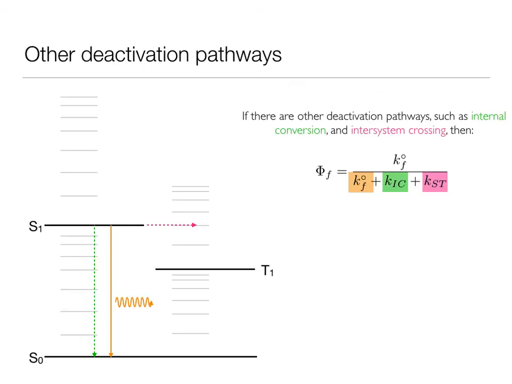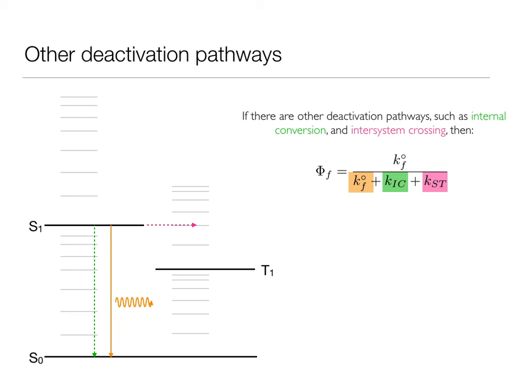So now I introduce other methods of decaying from my excited state. I've got this orange one, which is my emission, but now I'm also saying that I can have internal conversion, just this vibrational relaxation, or I can have an intersystem crossing, which I've referred to here as ST, so singlet to triplet intersystem crossing.